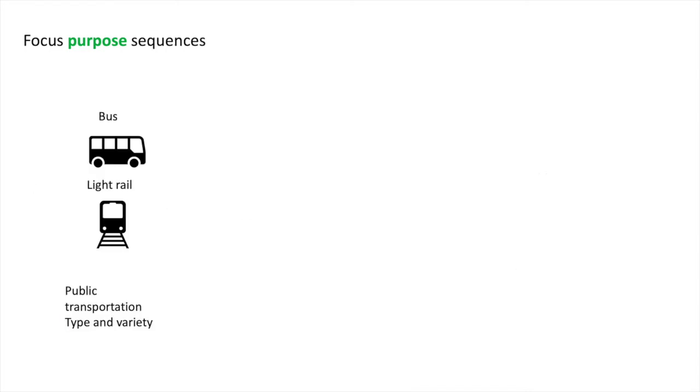Besides focus hierarchies, we also have focus purpose sequences. Going back to the example of public transportation, we could talk about enhancing the type and variety of offerings for buses, light rail, for example, in a city. And we could talk about purpose related to the coverage of these public transportation offerings in a region.